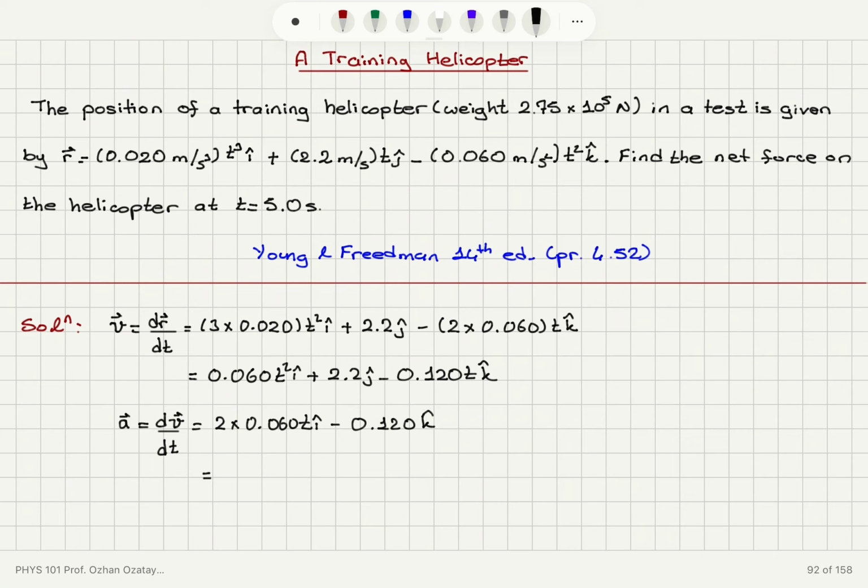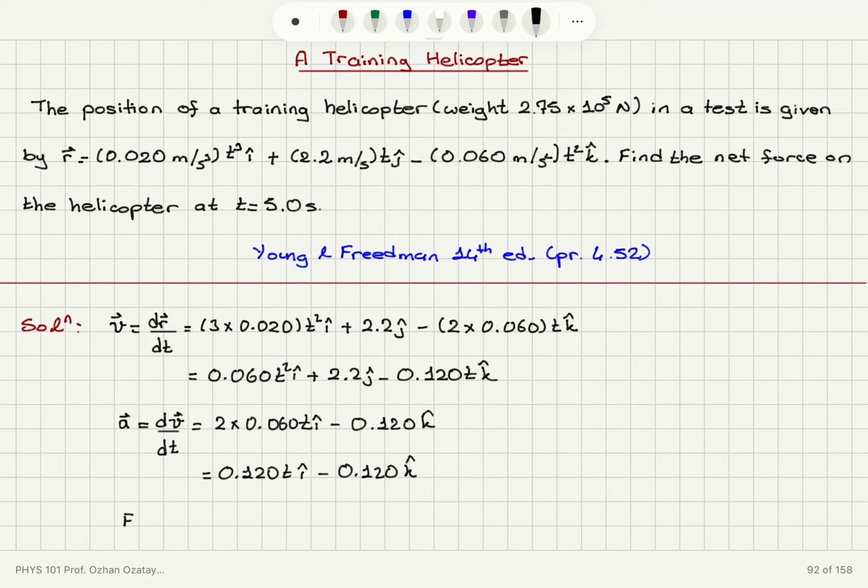So if I calculate this, it becomes 0.120 t i hat minus 0.120 k hat.